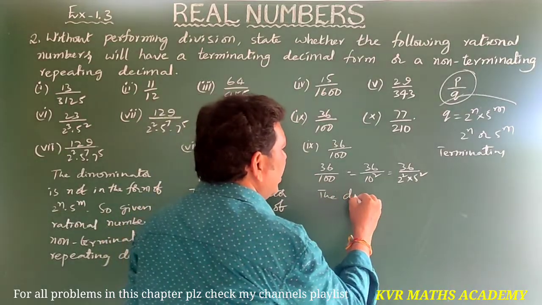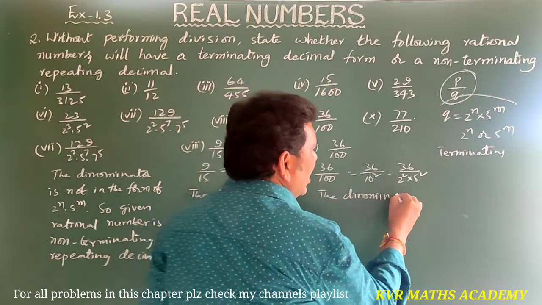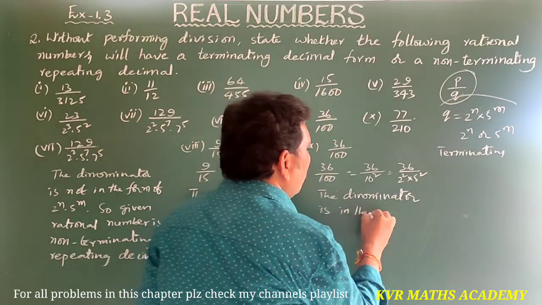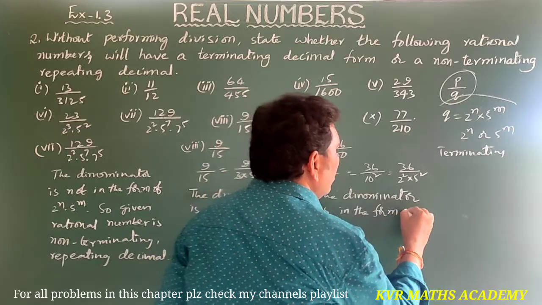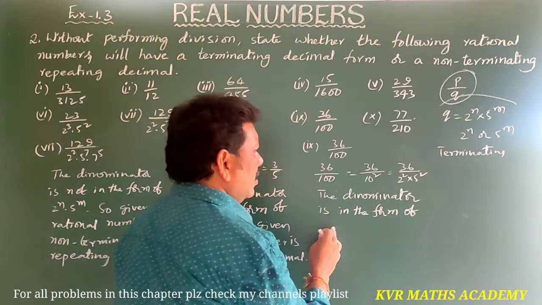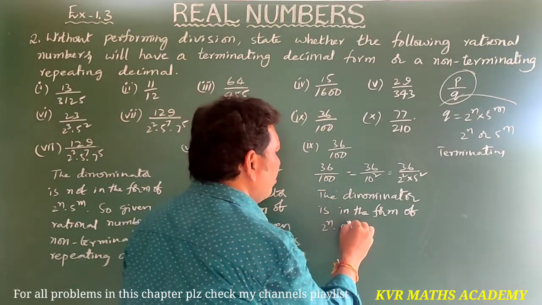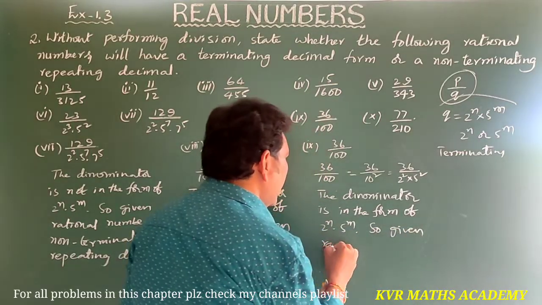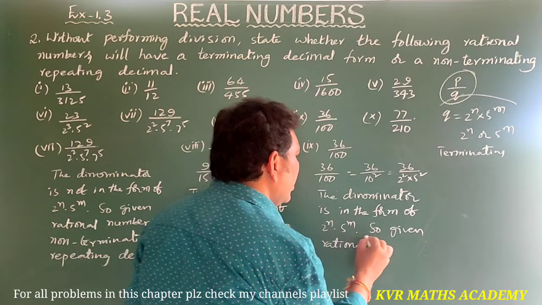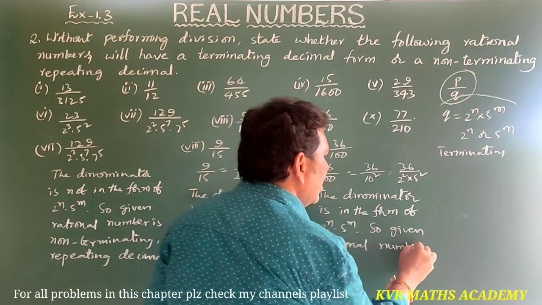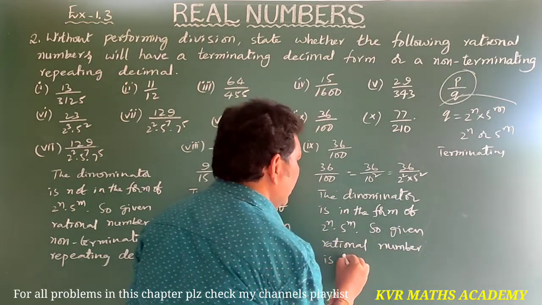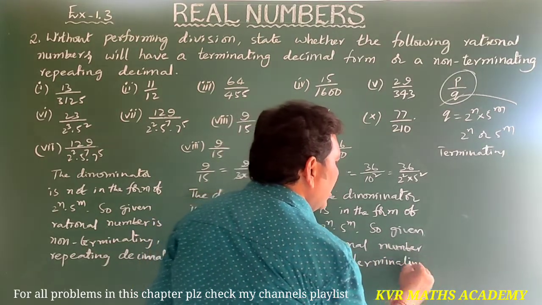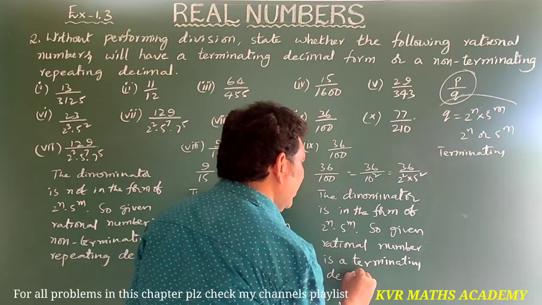The denominator is in the form of 2 power n into 5 power m. So given rational number is a terminating decimal.